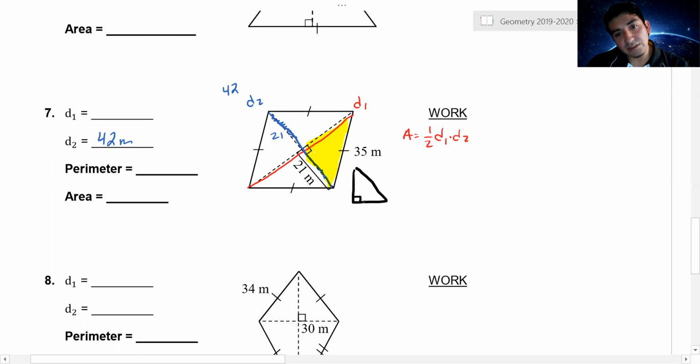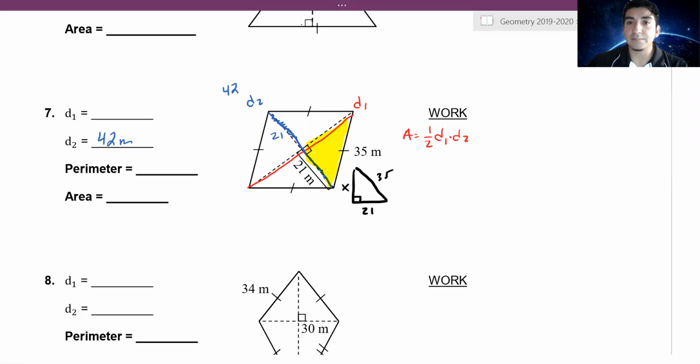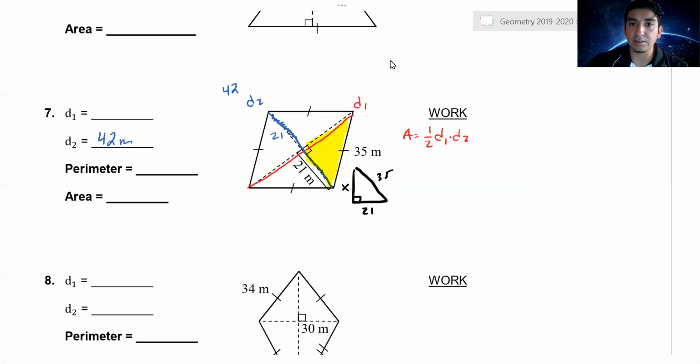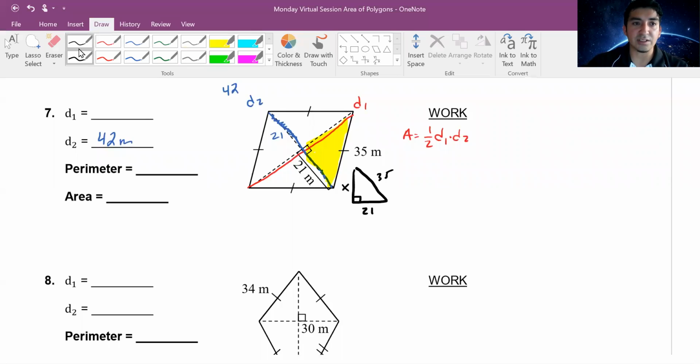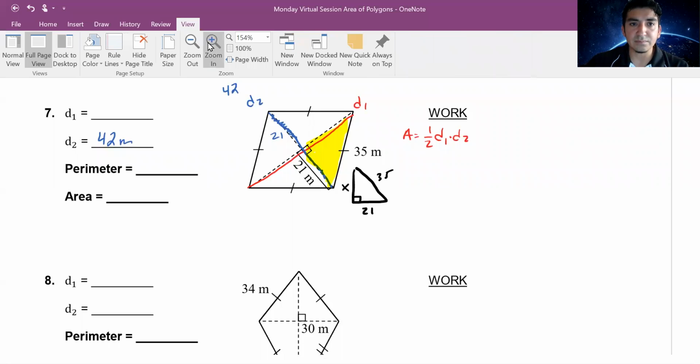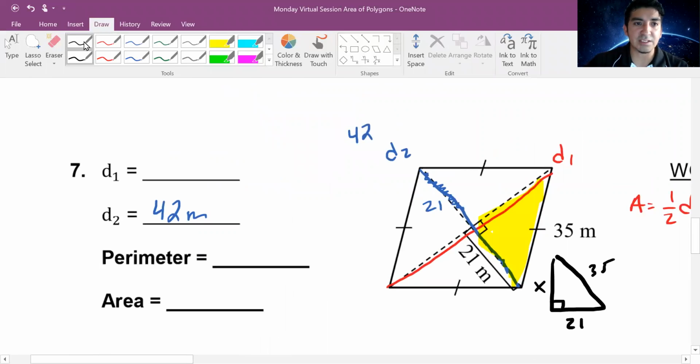This one part will be 21, this will be 35, and this will be x. Then it becomes a Pythagorean theorem problem, so you're going to have to use your a squared plus b squared to solve this.